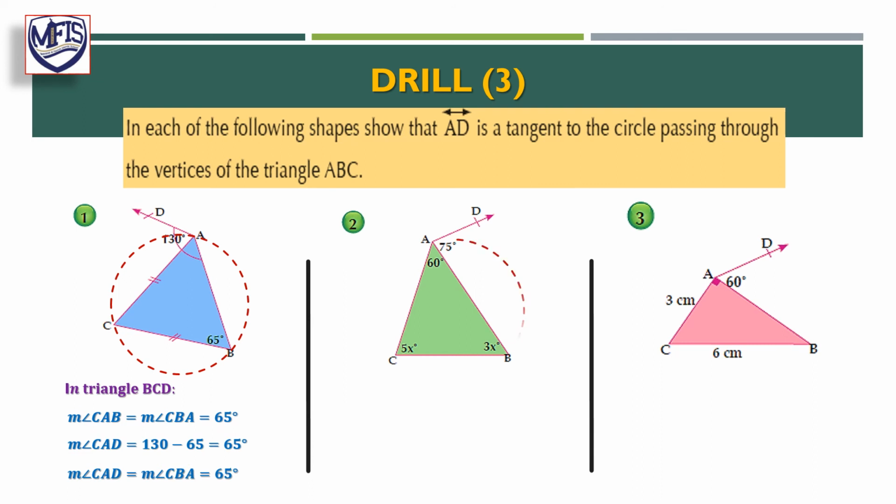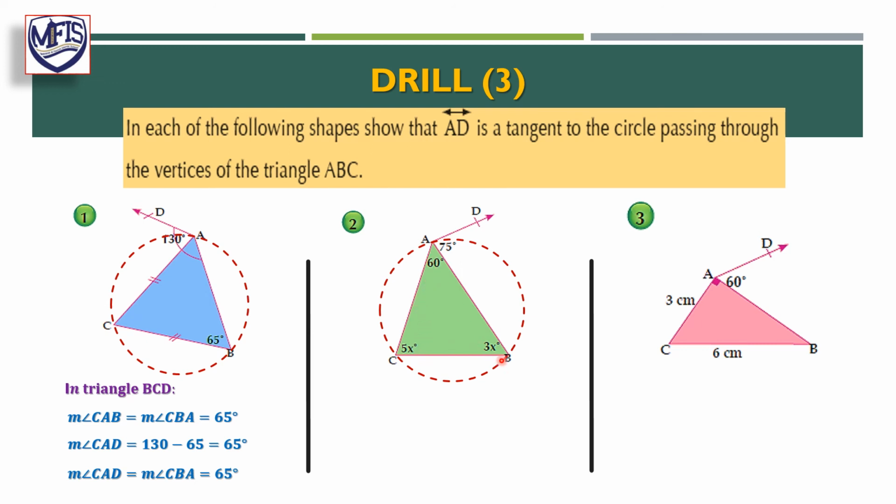Now, figure 2, imagine that we have a circle passing through the three vertices A, B, and C. Now, I want to prove that straight line AD is tangent of this circle. If I can find the measure of angle DAB equals measure angle C, that means this straight line is tangent. How to find the value of 5x?